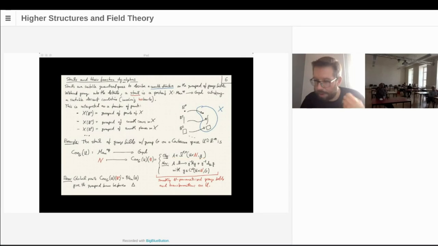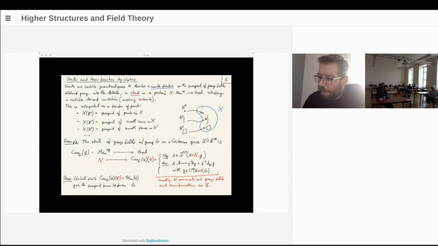So this is like a smooth family of gauge fields parametrized by N. And the same for the morphisms. A morphism is now a gauge transformation where the differential operates only on the spacetime part. So it's this kind of vertical differential. And the gauge transformation is also smoothly parameterized. So it's a gauge transformation for each point in N, but it depends in a smooth way.